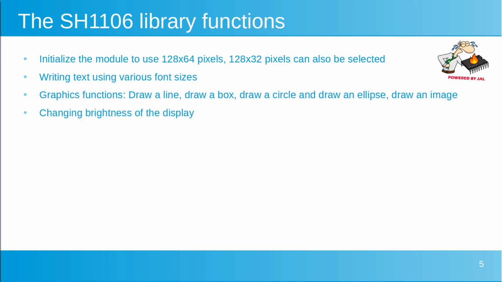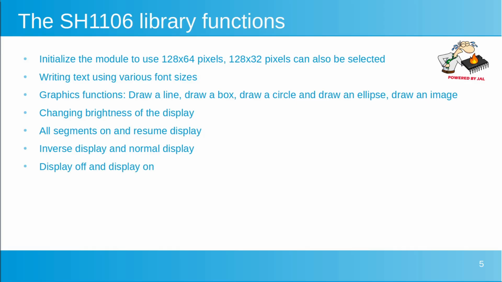You can change the brightness of the display. You can put all segments on and resume the display. Not sure why you want to use it, but it's available. You can inverse the display and put it back to normal. You can put the display off and on again, of course. And you can scroll up and scroll down, which is not a feature of the module, but it's done in software.